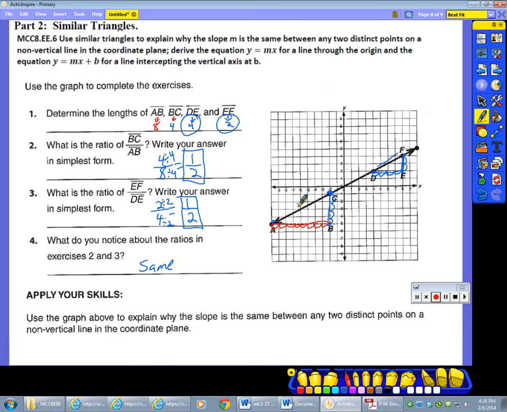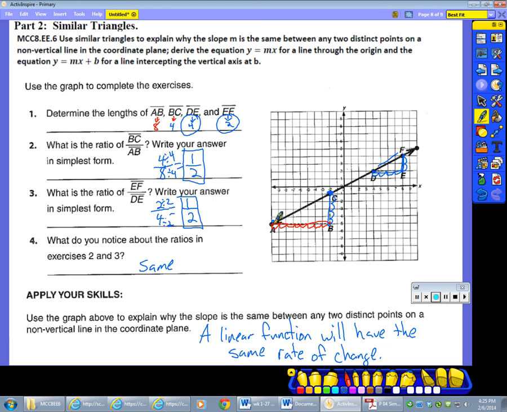But I'd like to hear something to the effect of a linear function, so that's like a straight line, will have the same rate of change. That's what I'm looking for, something like that, that they will have the same rate of change.